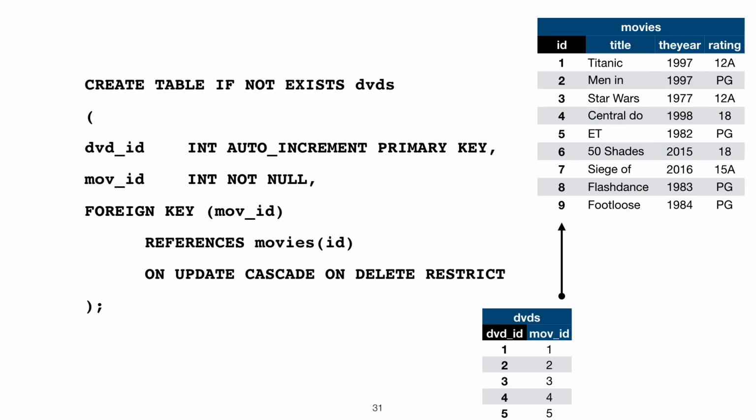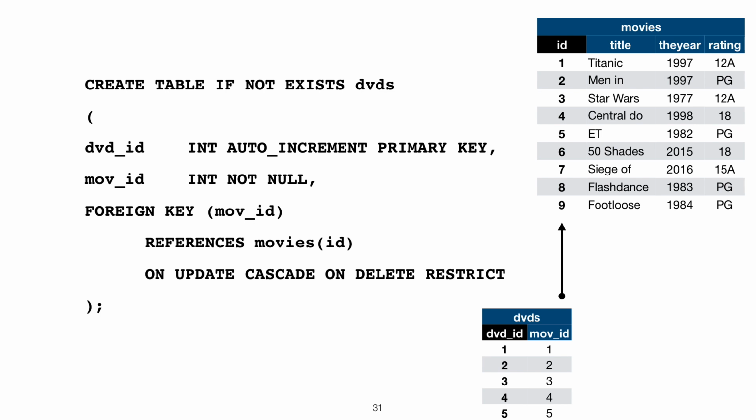So if we look here at the code for when we create the table, here we're saying create table if not exists DVDs. So we have the disk ID, we've seen that. We have the movie ID, and that's no problem. The primary key can't be null, obviously. That's the disk ID, and the movie ID can't be null either. Here we're saying that there's a foreign key in this table.